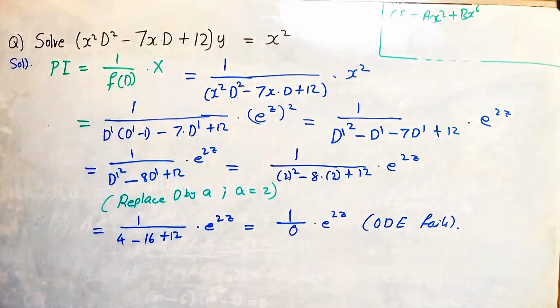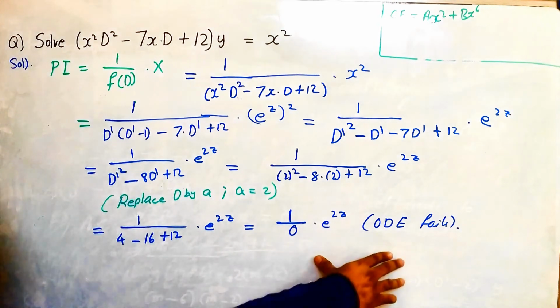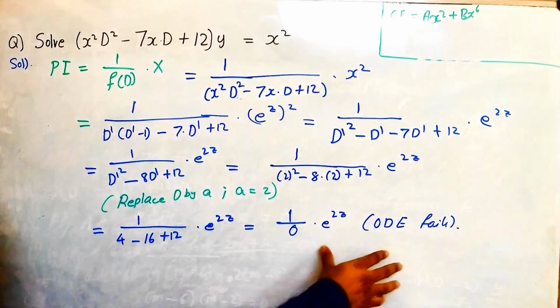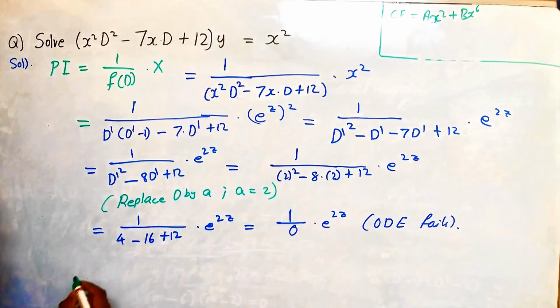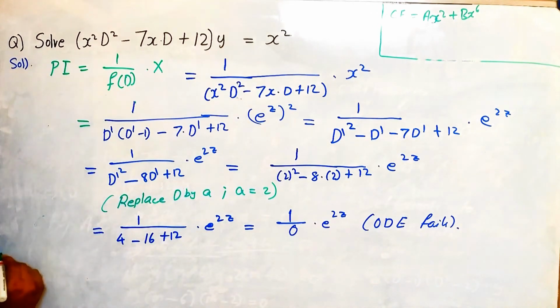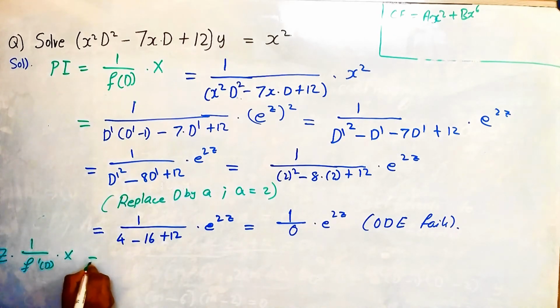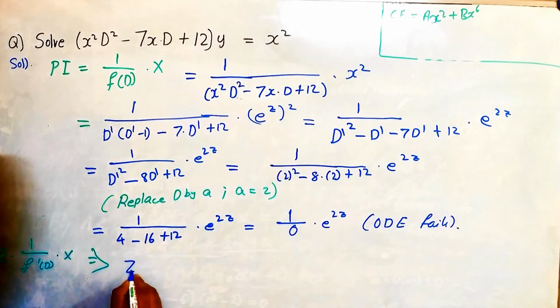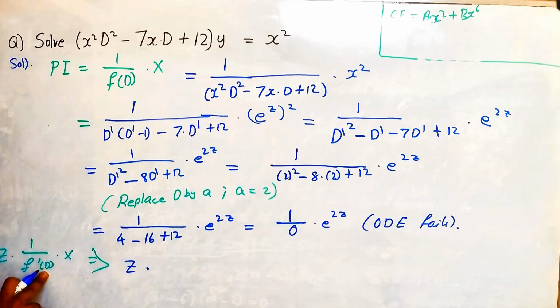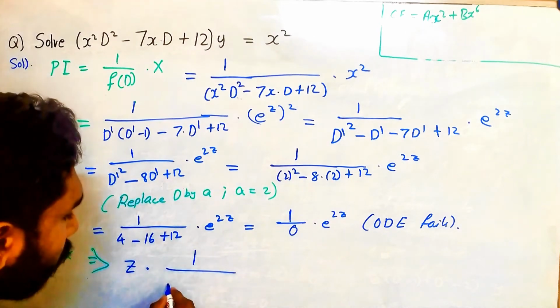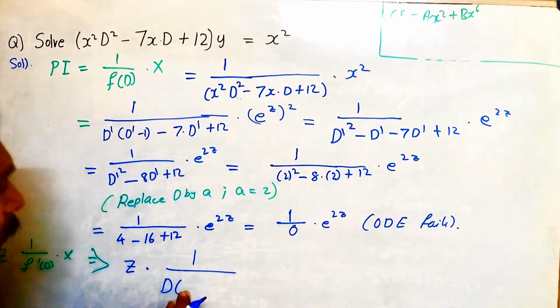So what to do? When ODE fails, we know we have to take the f dash term of the question. The formula is z into 1 by f dash of D into capital X. By applying this, we get z into 1 by f dash of D, taking f dash as the differentiation of f.